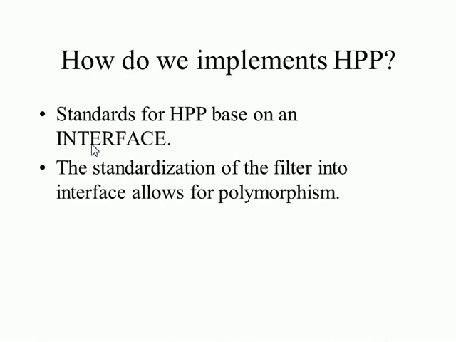So then comes the big question, how shall we implement the homogeneous point processing? And now my interface development senses are tingling. There are standards, and I've adopted these standards for doing homogeneous point processing, and what they do is they take R, G, and B inputs and they give you outputs.